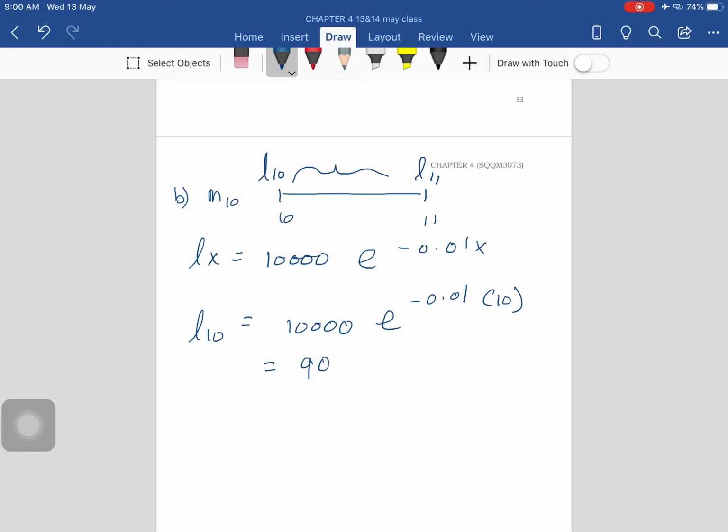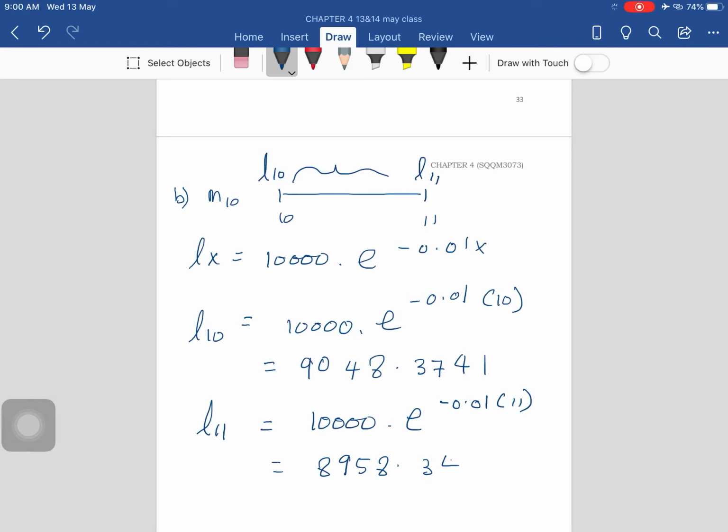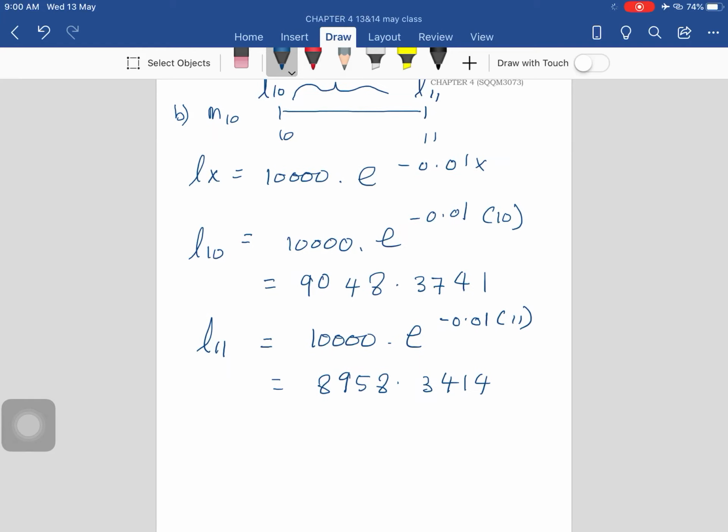So we will get 9048.3741, and then we substitute L11 inside, and the answer for L11 is 8958.3414.